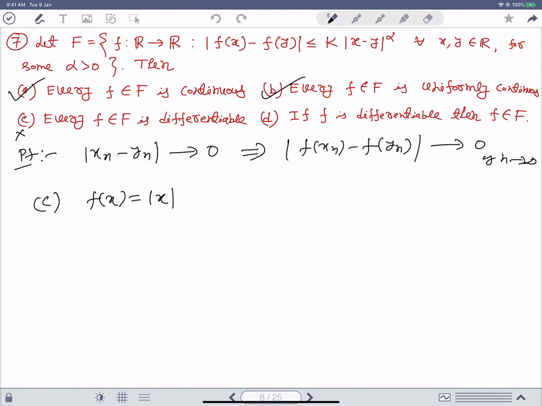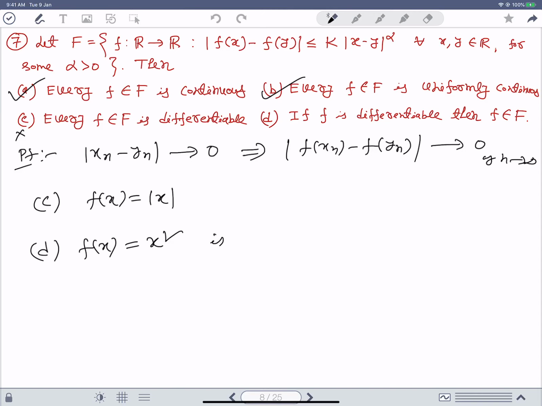Why? Because if you give a function which is differentiable but not uniformly continuous, then it should not satisfy this condition, right? Because this condition says the function will be uniformly continuous. In this case, we can choose f(x) equal to just x square.